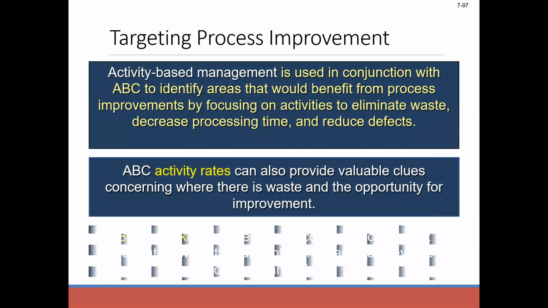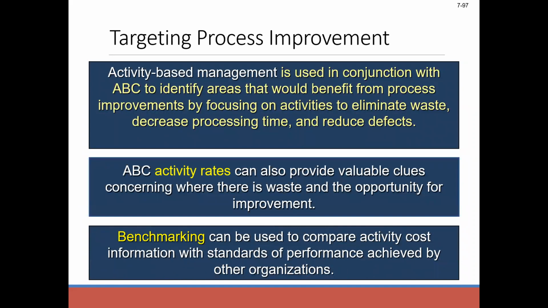So as you see, this gets used in conjunction with other costing methods. It's trying to focus on activities that can help to eliminate waste, decrease processing time, and ultimately reduce defects.